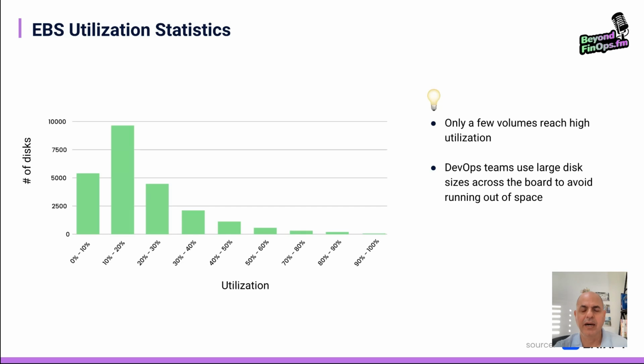So not only do you pay for unattached disks, and most likely you have those, not only do you pay for disks that are attached to stopped EC2 instances, most likely you also overpay for the amount of gigabytes that are provisioned, because as we see from this graph, most of the volumes provisioned are over provisioned.